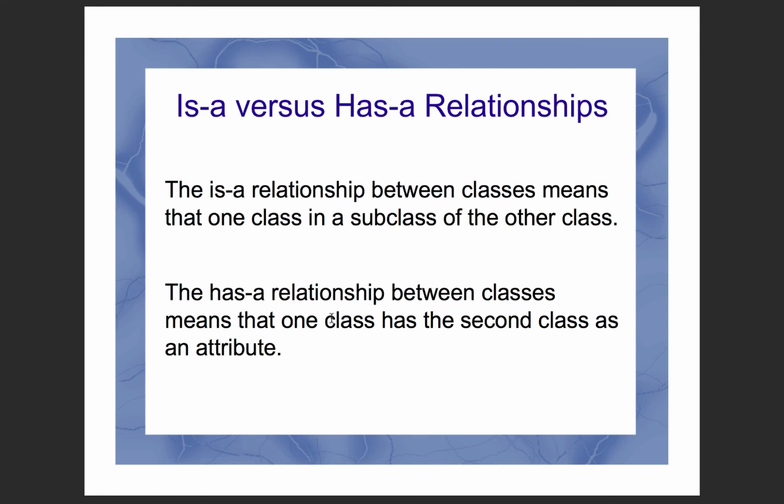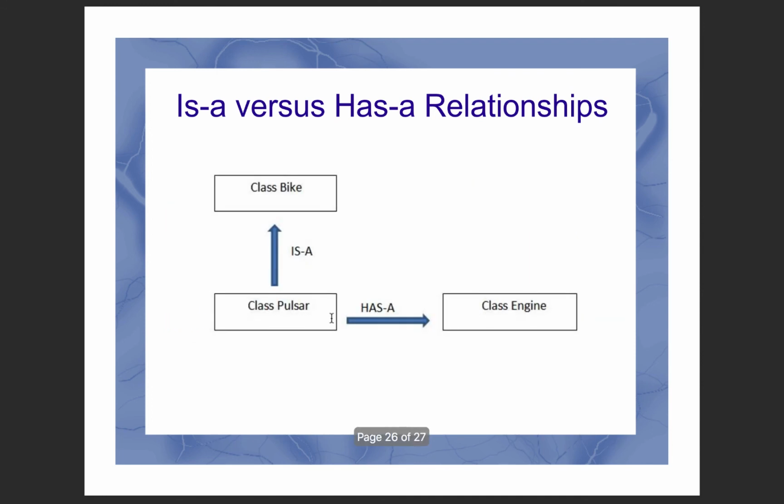It's not that the second class is a first class. That means we can create an object of the first class inside the second class. That basically says that the second class has some characteristics of the first class. So this idea creates has-a relationships.